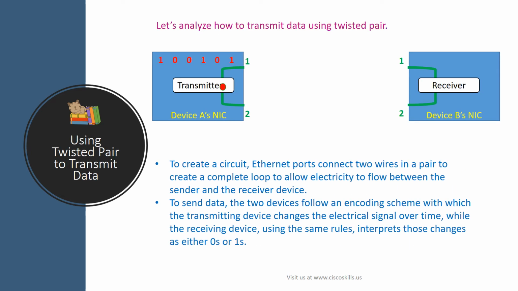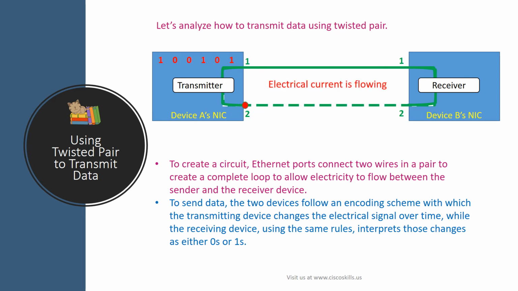Let's analyze how to transmit data using twisted pair. As you can see, this diagram shows us the two network interface cards of device A and device B. To make it simple, we only show the network interface card with two pins, pin 1 and pin 2. To create a circuit, Ethernet ports connect two wires in a pair to create a complete loop to allow electricity to flow between the sender and the receiver device.